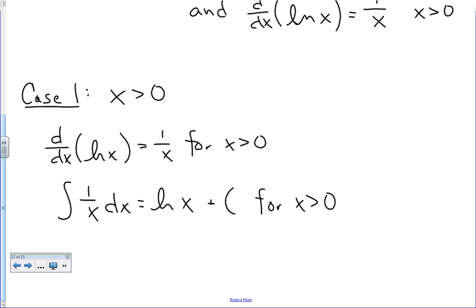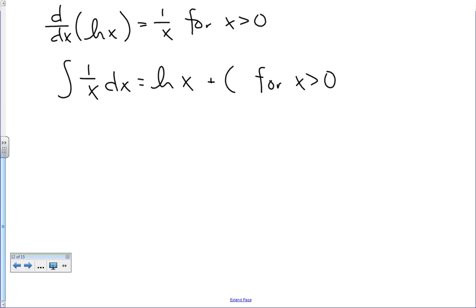Okay, working on the same domain. That's that extra piece of the property we were just looking at on the previous slide: you have to have the same domain that you're working with. So that's the easy case. If x is greater than 0, just from the definition and our second form of the fundamental theorem, we know this is true. We're just restating what we wrote down a second ago, but there we go.